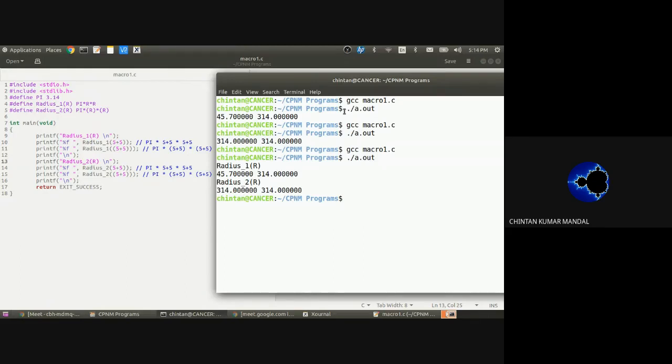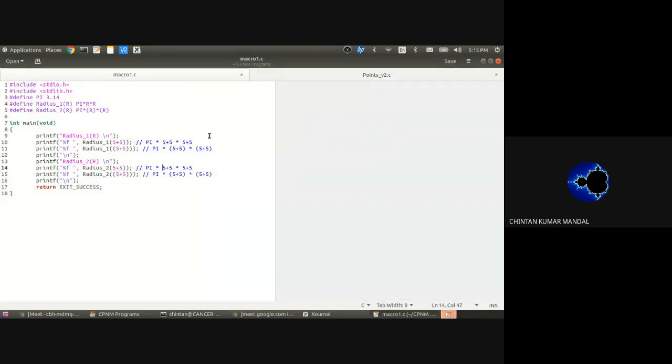So this is basically the first one, radius underscore 1. There is a pitfall if you actually use line number 10. So this one will become, I'll just increase it, I'll show you what the macro will actually expand to.